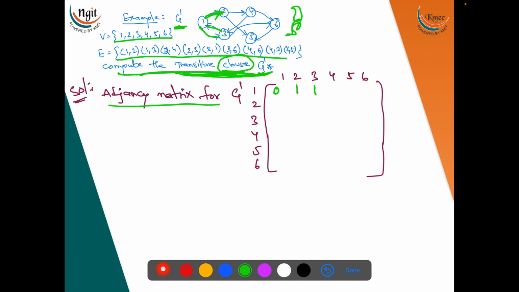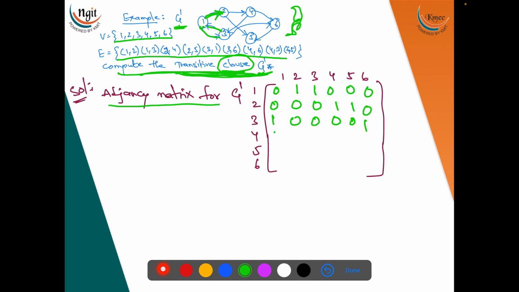Any edge from 1 to 4? No. There is no edge from 1 to 5 and 1 to 6. I am writing 1 when I found there is an edge, and I am writing 0 when there is no edge. Right?